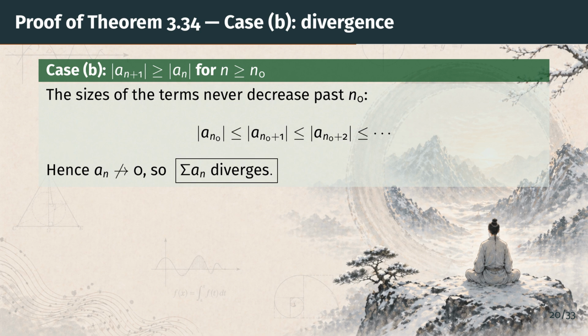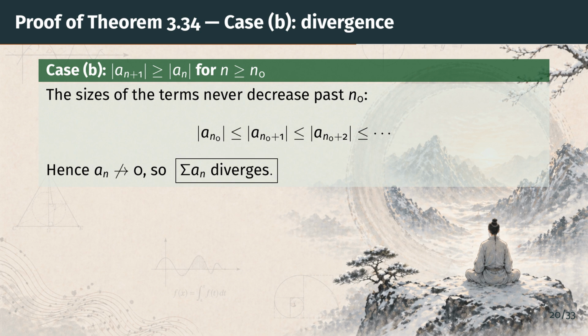But recall the necessary condition for convergence from Theorem 3.23. The terms of any convergent series must tend to 0. That condition fails here, so the series diverges. Notice how crude this is. We never even looked at how big the ratio is, only that it stays at least 1. That completes the proof of the ratio test.